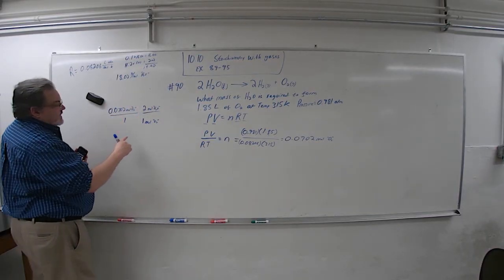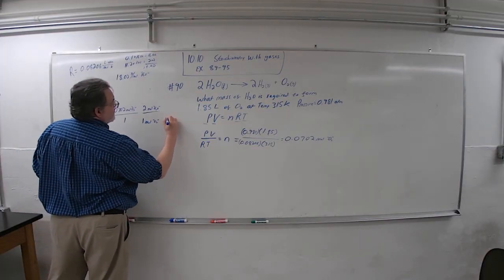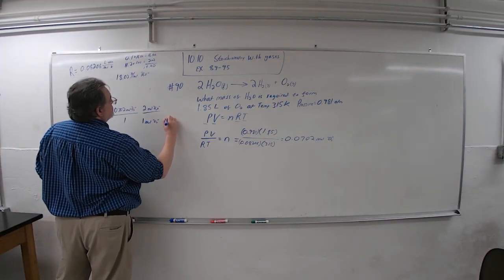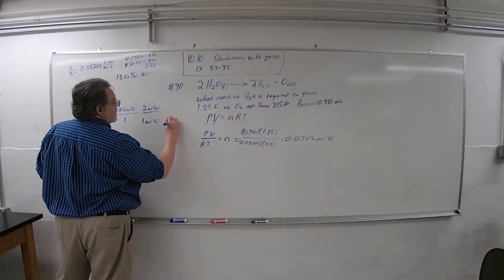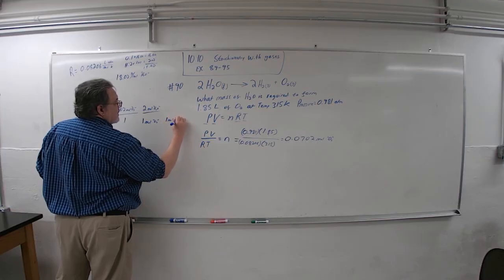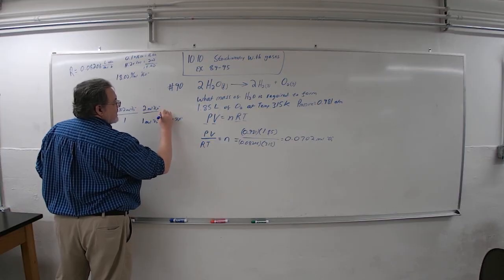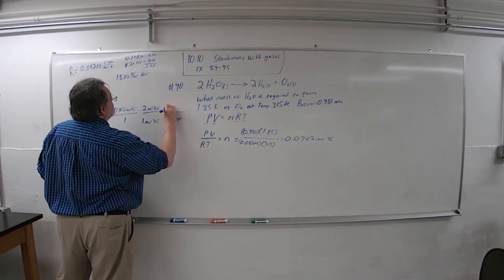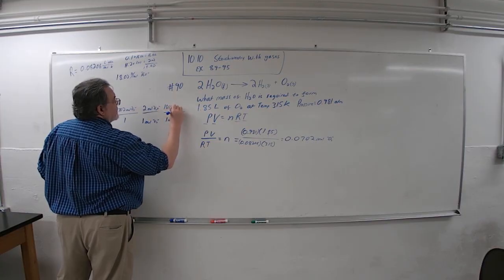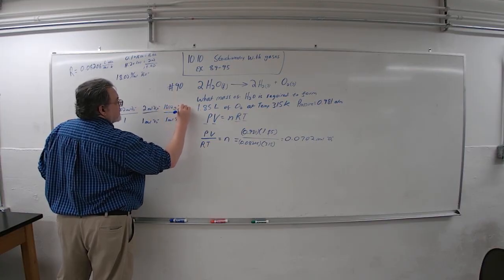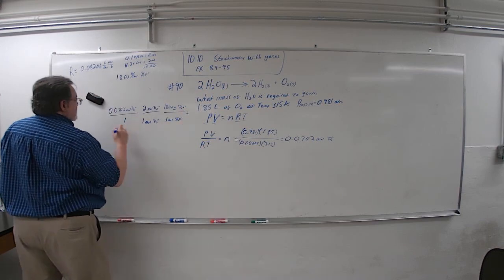We're going to use that, with moles of H2O on the bottom: 1 mole of H2O is 18.02 grams of H2O.